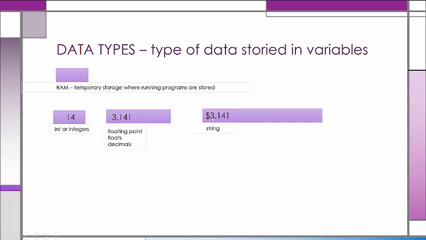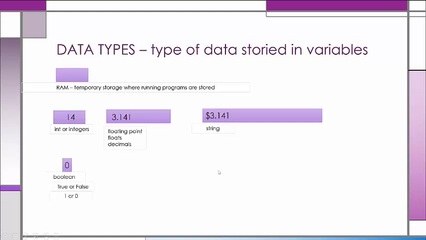Here we have what you just defined, 3.141, as a floating point because it's a decimal. But as soon as we put a dollar sign in front of it, this is now a character, and therefore this is now treated as a string.